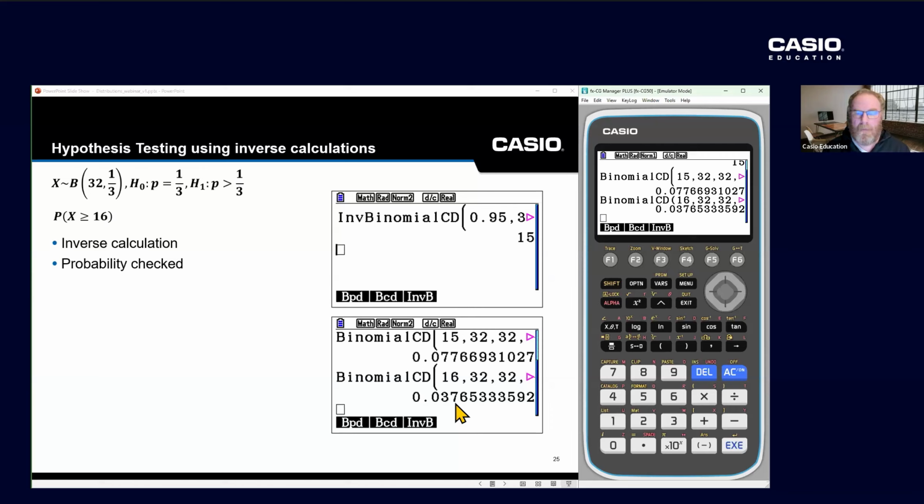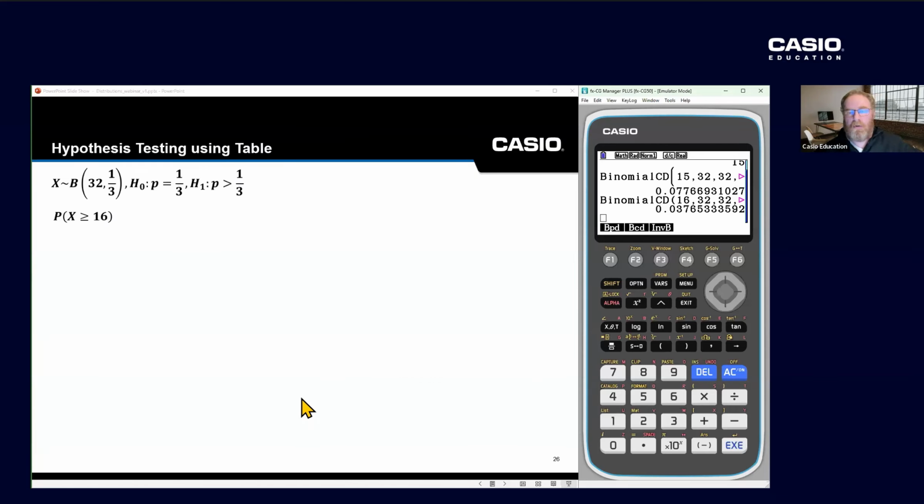So we have established that 15 is not in the critical region. 16 is my critical value, the first value of x in the critical region. So 16 or more is your critical region.